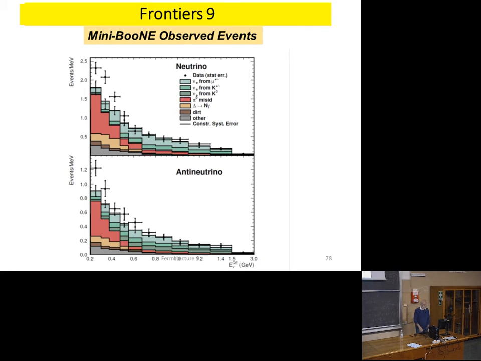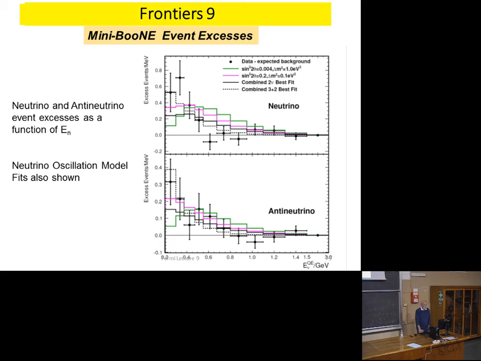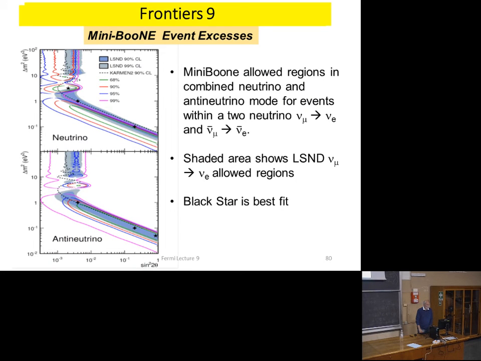And again, they observe this and they see the same effect of a neutrino and anti-neutrino excess as a function of the energy of the neutrinos. And it's consistent with the same data that they saw in the previous experiment.